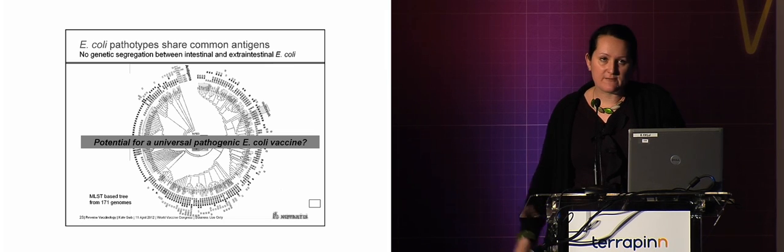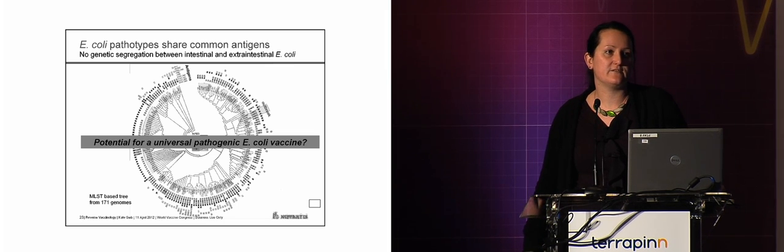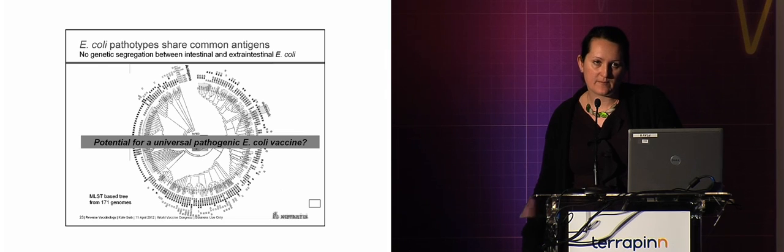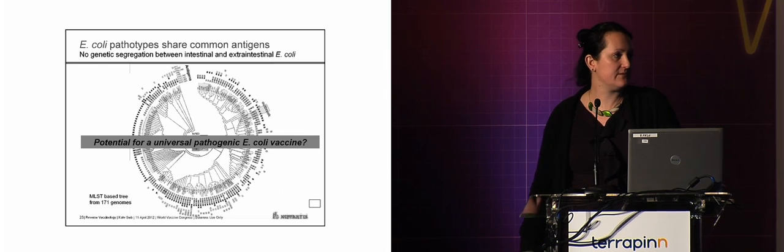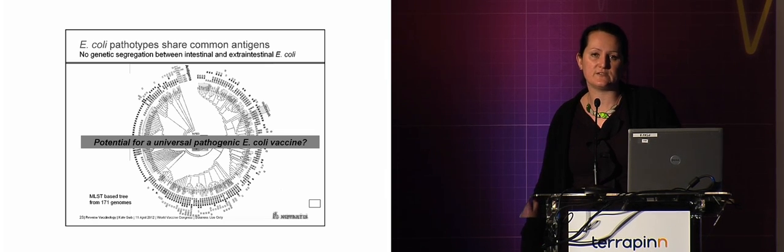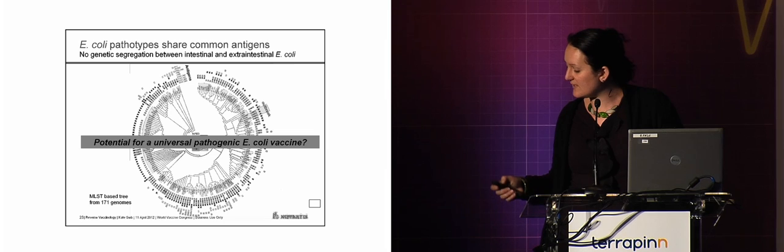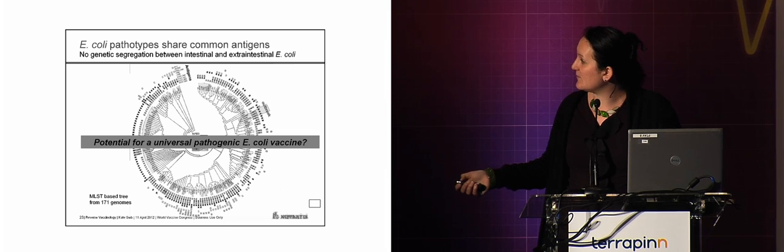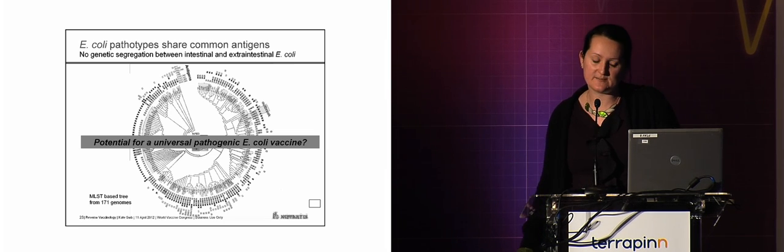And possibly, rather than facing the daunting task of developing a vaccine for each of these separate pathotypes, it may be possible to consider E. coli as a single, albeit very variable pathogen for which a universal vaccine could be possible by using a combination of some of these common antigens.